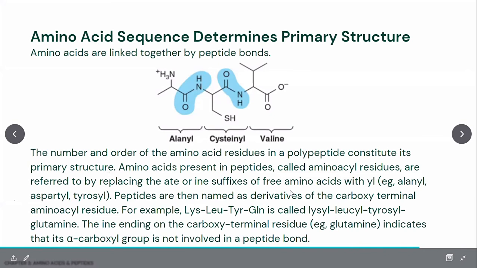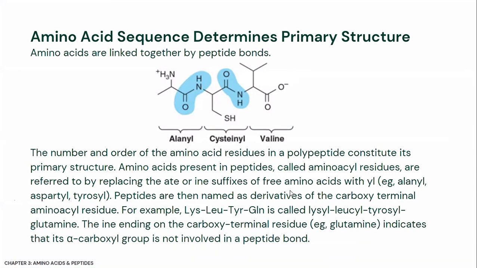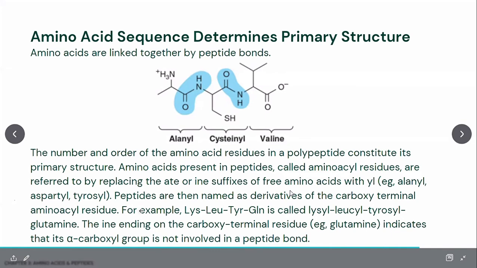The structure of a protein is made up of primary, then you have secondary, then tertiary and quaternary structure. So look at this, the example here. If you have lysine, leucine, tyrosine, glutamine, it is called lysyl, leucyl, tyrosyl, glutamine.